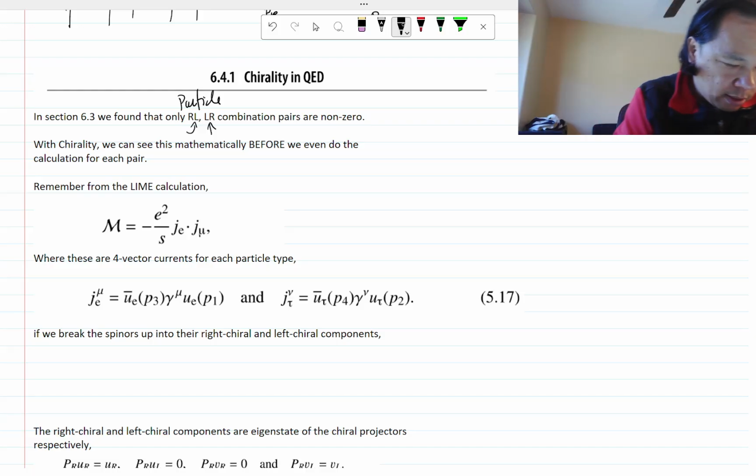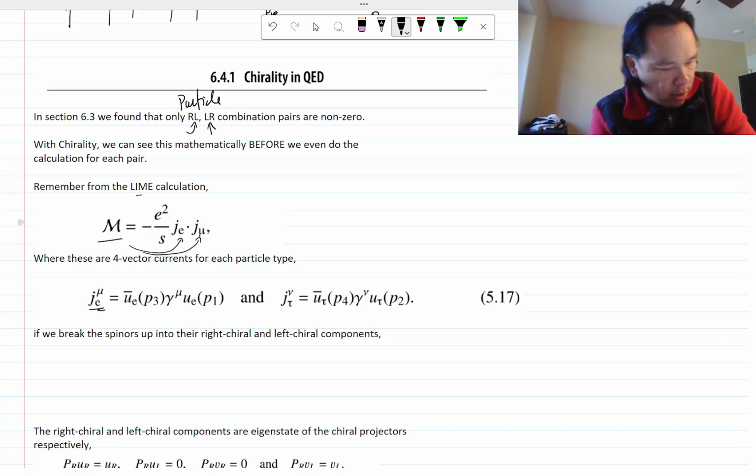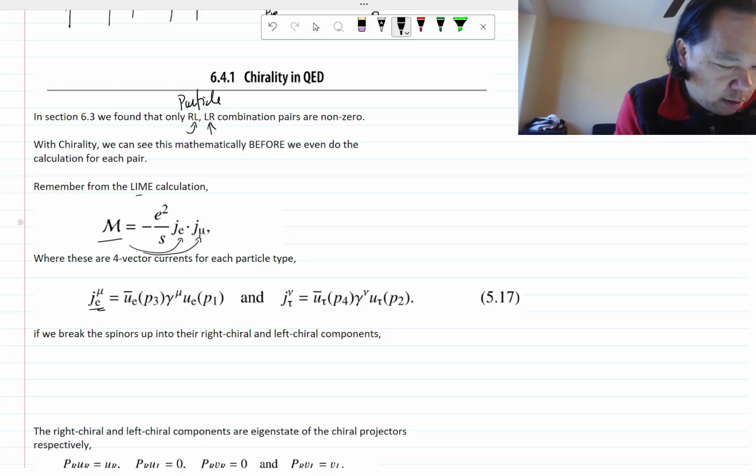By that I mean the current calculation that goes into the Lorentz invariant matrix elements. Remember, in order to calculate the cross section, we have to get this matrix element first, and this matrix element is calculated with these electron and muon currents dot producted together, the 4-vector dot product.